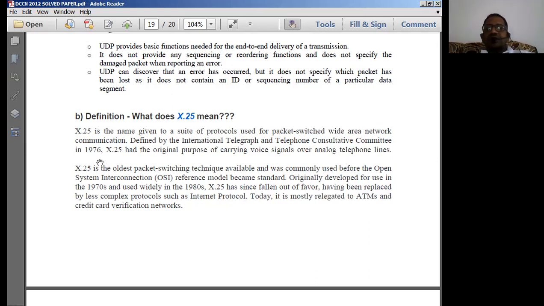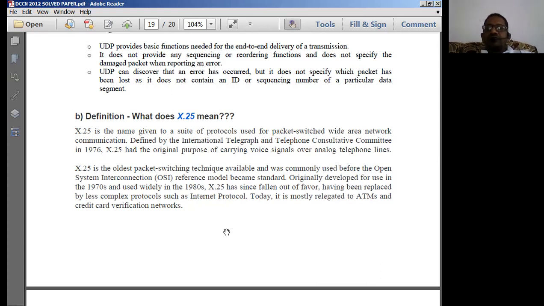Before 75 or 76, we were used to voice communications, especially because in those days there was no VLSI technology and no advanced digital communication techniques had been implemented. Therefore, we had only voice-based communications, especially on telephone lines.